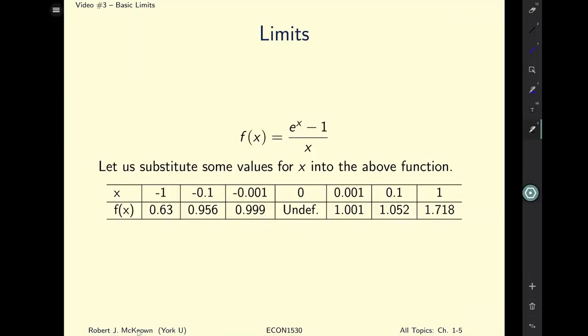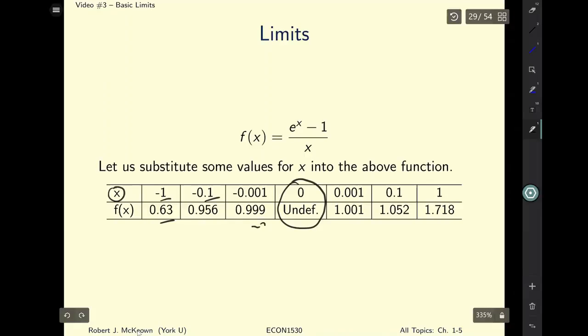If we plug numbers into this function and calculate the value, we can see that we don't know what it is when x is equal to 0, but at x equal to -1, it's 0.63. At -0.1, it's 0.956.